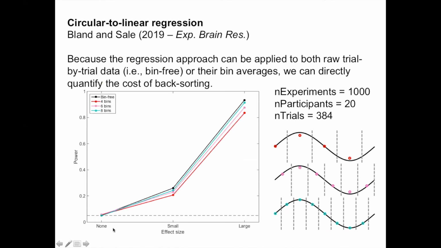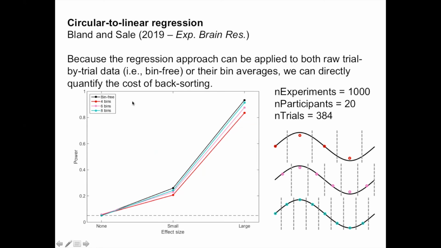So what you can hopefully see here is that all the approaches start with the same false discovery rate. They're all finding 5% of significant experiments when there's no effect. But when there's a small effect, which I've chosen arbitrarily to be around 20% power, or a large effect, which I've chosen to be around 80% power, the bin-free approach has the greatest proportion of significant experiments. So it's got the best statistical power, best sensitivity.